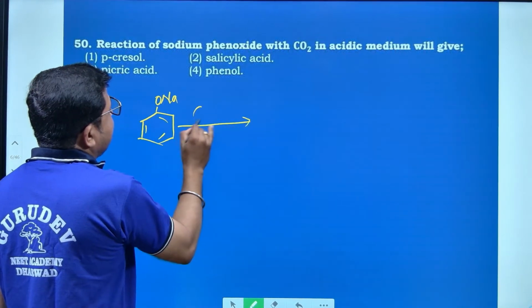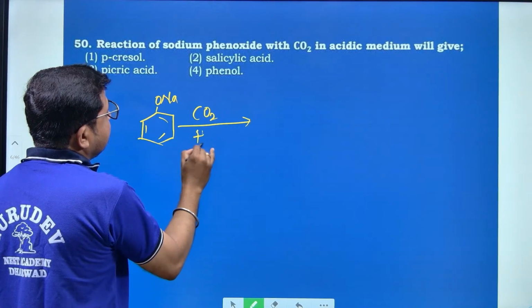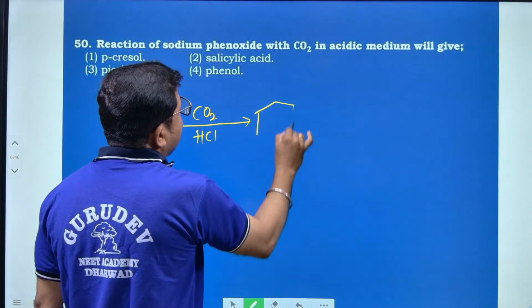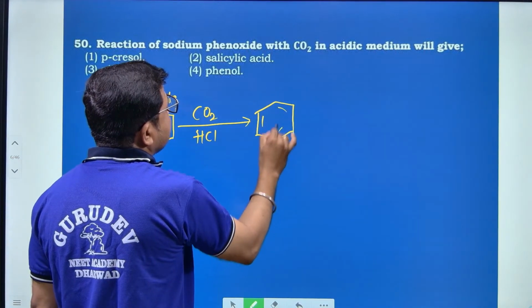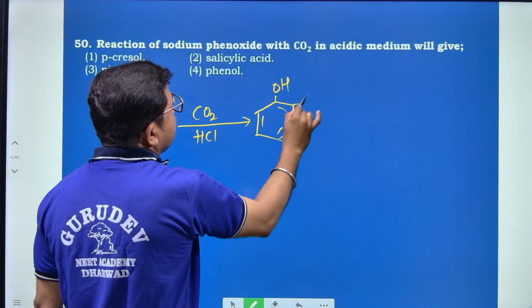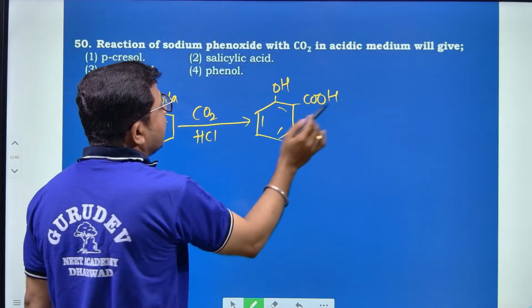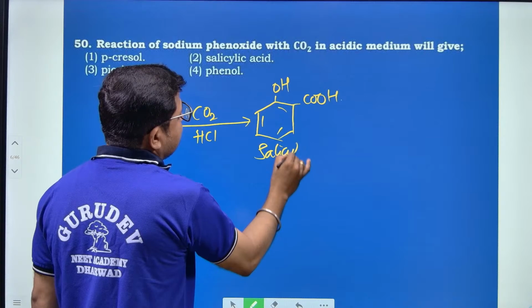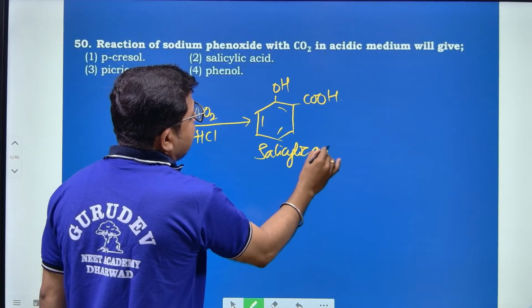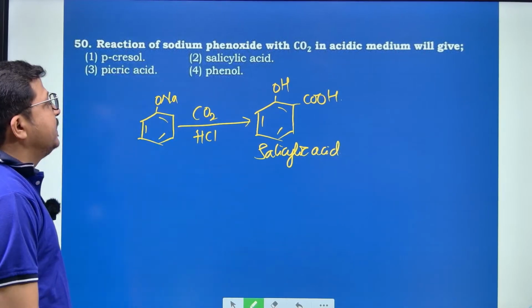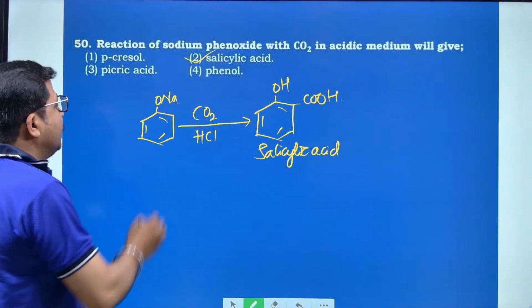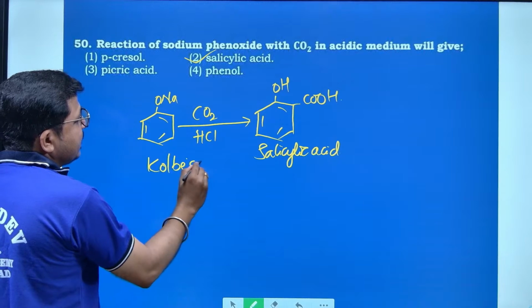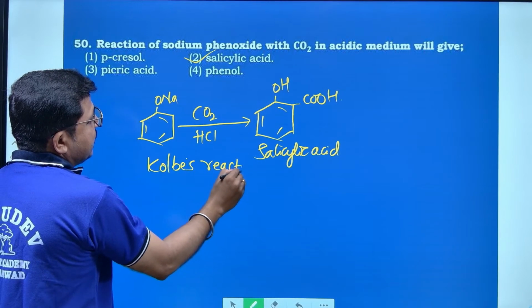In acidic medium, it will produce salicylic acid. So salicylic acid, that is option number 2. The reaction is called Kolbe's reaction.